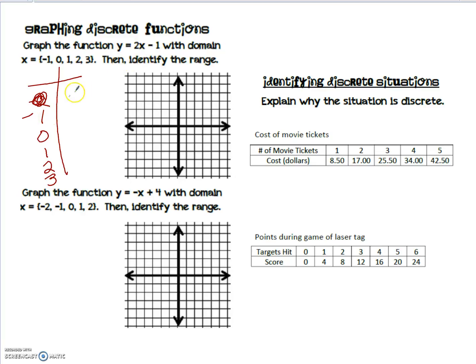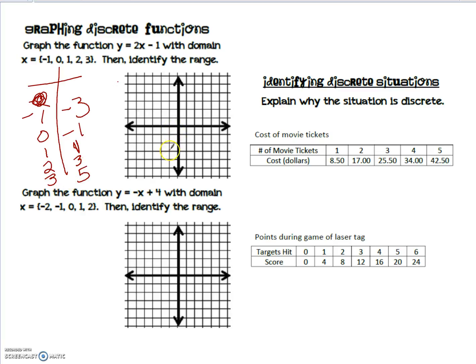So 2 times -1 is -2, plus 1 is -1. 2 times 0 is 0, plus 1 is 1. 2 times 1 is 2, plus 1 is 3. 2 times 2 is 4, plus 1 is 5. 2 times 3 is 6, plus 1 is 7.